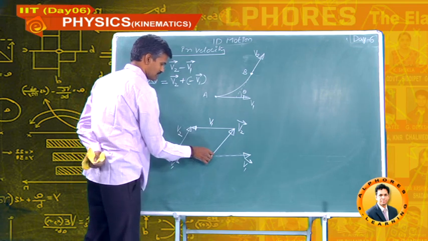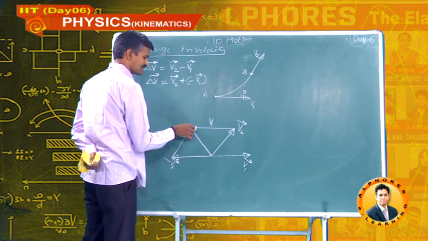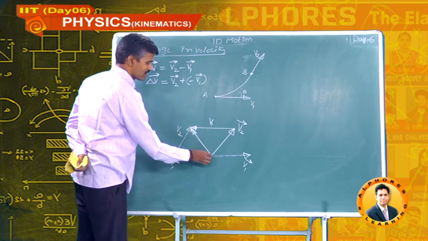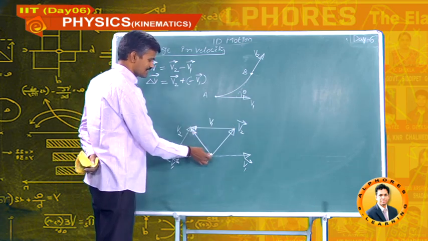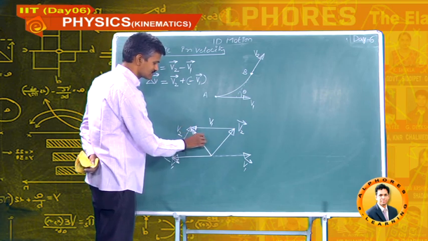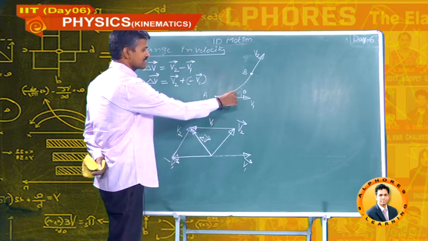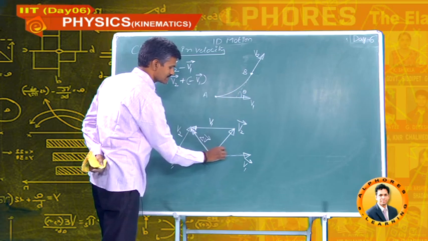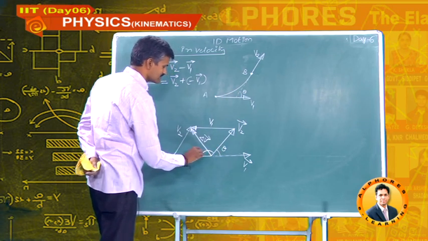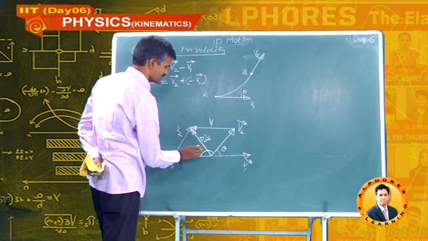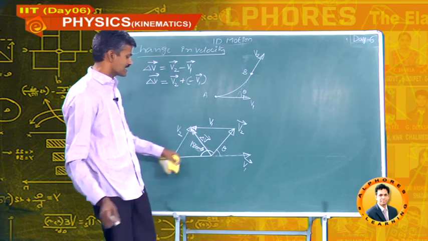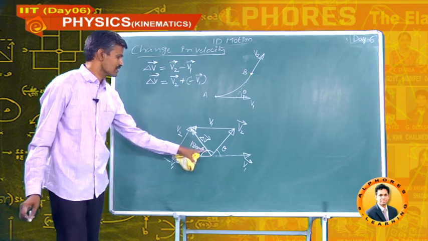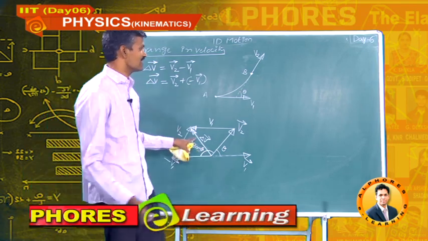So this will be the resultant of these two by the parallelogram law, or you can follow the triangle law. Tail of the first to head of the second is the resultant. This gives the change in velocity vector. Actually, this is the angle theta here. So if that is theta, this will be 180 minus theta. How to calculate the magnitude of this change in velocity?